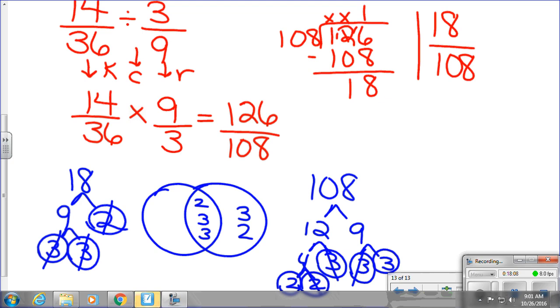The new numerator is 1, and then your denominator is 6. 1 and 1/6 in simplest form.